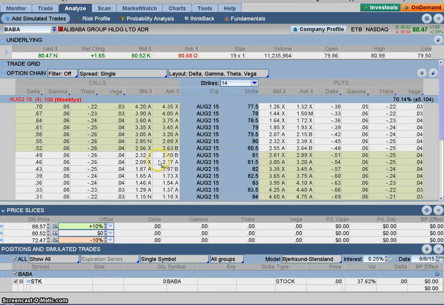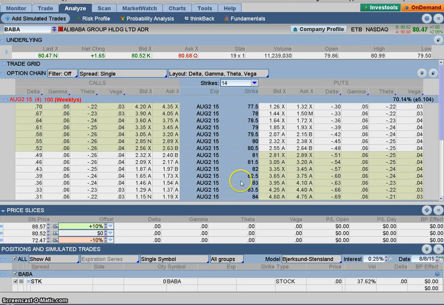So what would I do? One of the things I would do is simply do something like a call spread. If I'm bullish, I could buy the 80.50s and I could sell the 80.53s, and I'll teach you this in another video, how to do the spreads, but you could basically see that this is only going to cost about $1.09.